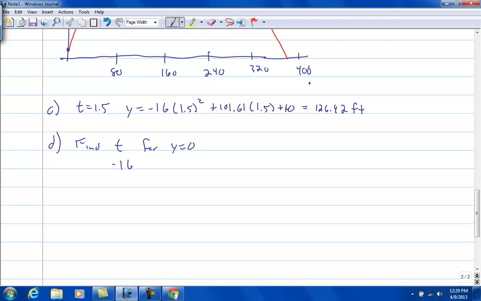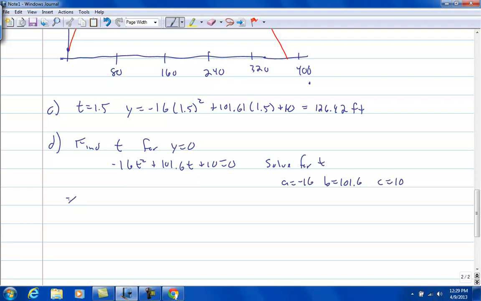So we'll set negative 16t squared plus 101.6t plus 10 equals 0. So we're going to solve for t. Our a is negative 16, our b is 101.6, and our c equals 10.